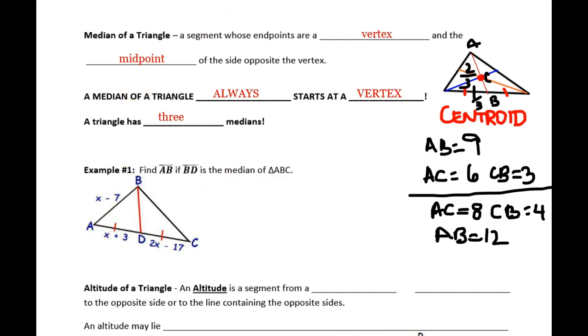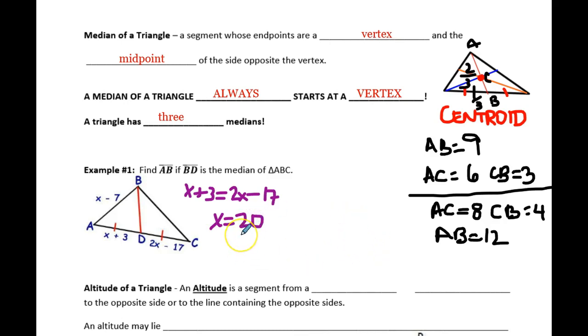So I'm going to start by setting these equal to each other, because since BD is my median, I know that these two things are equal. So 2x minus 17, if I solve for x, I should wind up getting x equals 20.